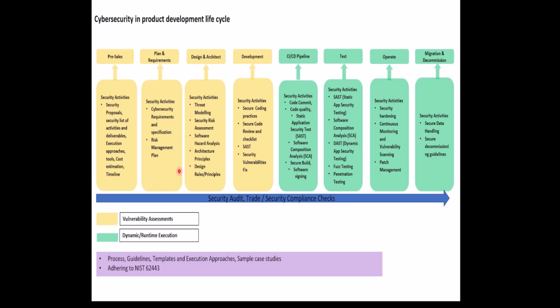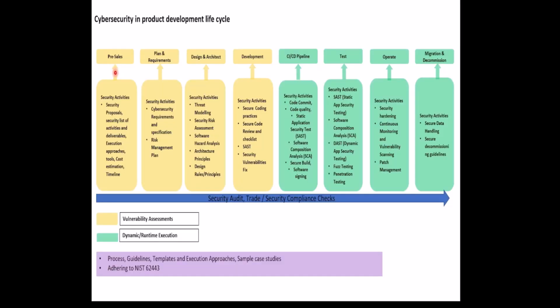To execute these activities, we need process, guidelines, templates, execution approaches, and sample case studies. Also, how to adhere to NIST 62443 standards when we develop the products. So these angles we can cover in this course majorly.